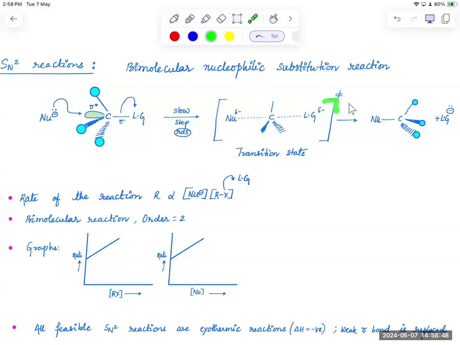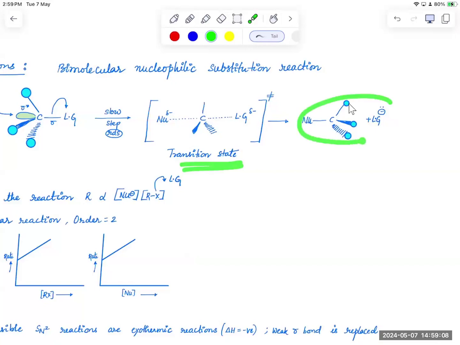This transition state shows there is no charge on carbon, and it has a trigonal bipyramidal structure. Then when the leaving group is released, the whole thing forms a bond and comes into this formation.